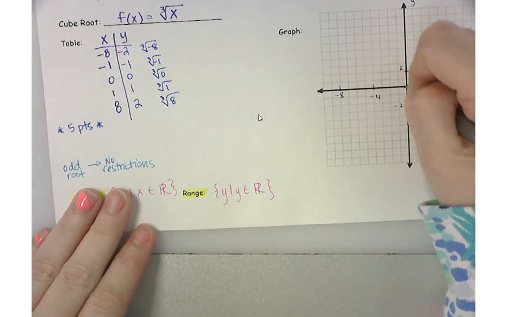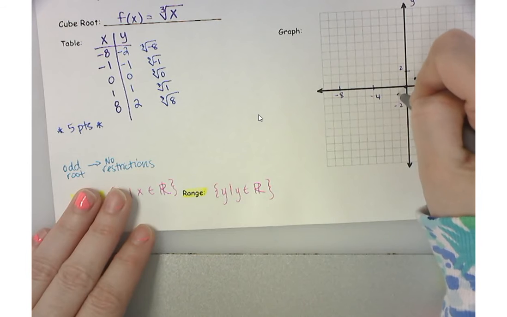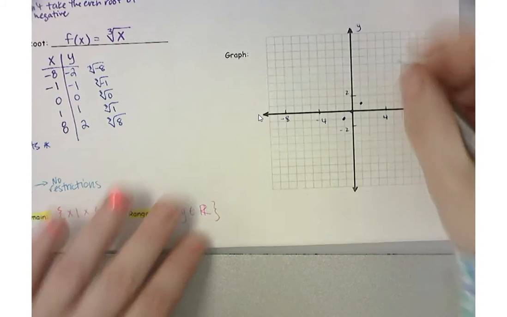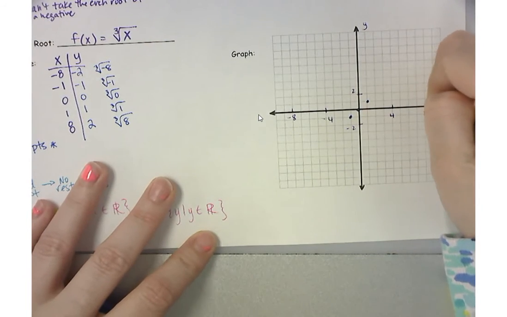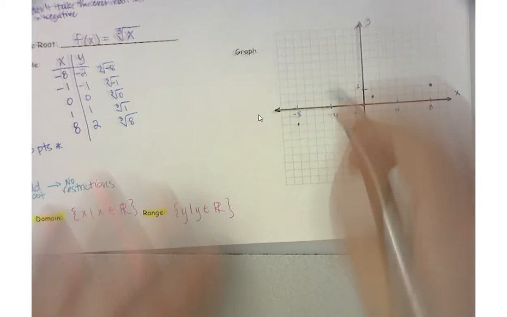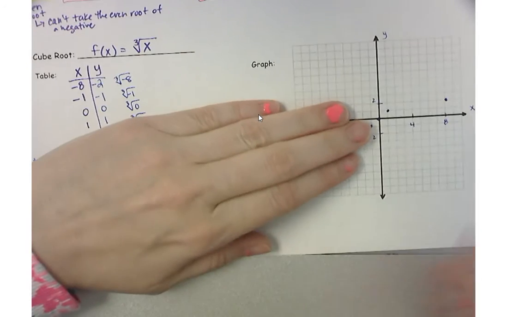We have 8, up 2. Negative 8, down 2. This is a curve. See how you have these 3 points here? This is really like part of a skinny parabola. This is how we connect those points. Then we're going to do the same thing with this side.